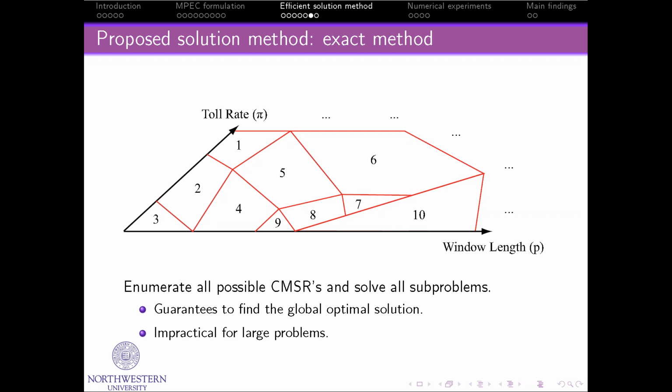However, since the number of CMSRs will increase exponentially with the number of classes and number of tolls, it's impractical for large problems to use this method. So we have to find a more efficient way to solve the problem.